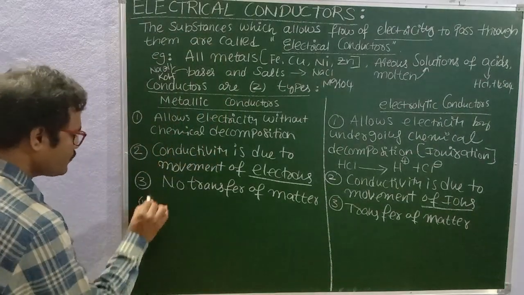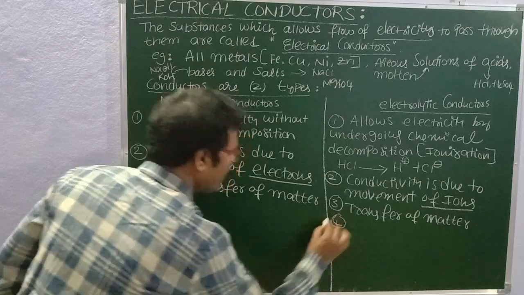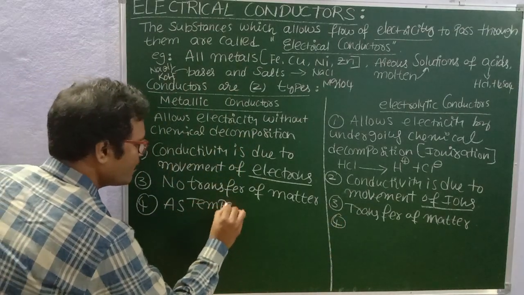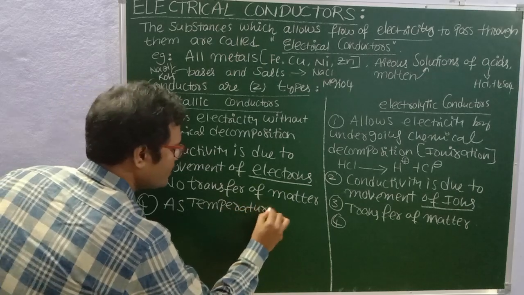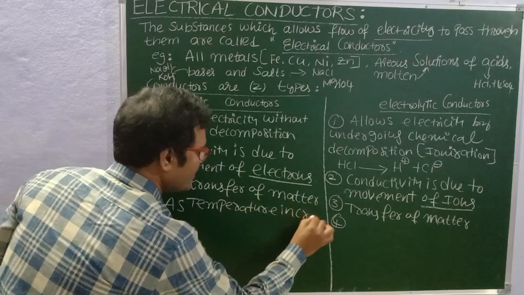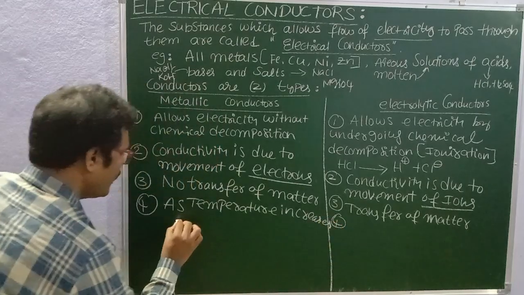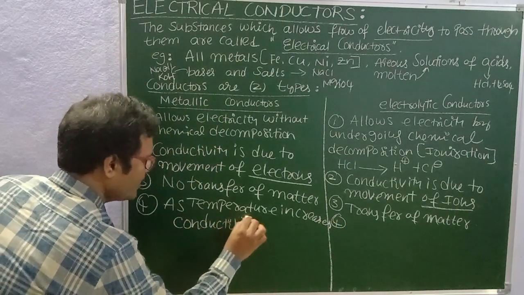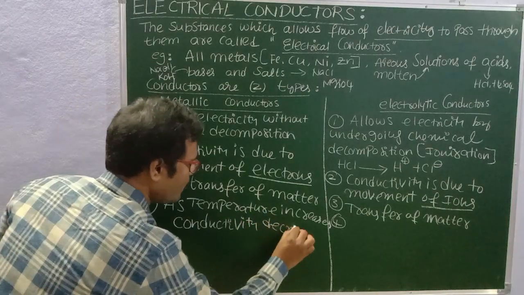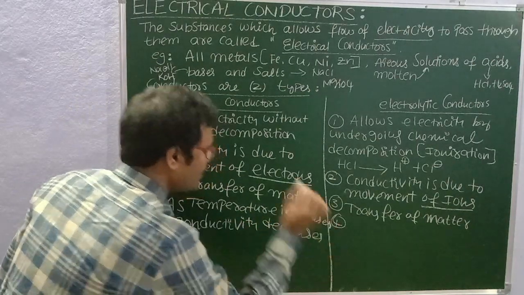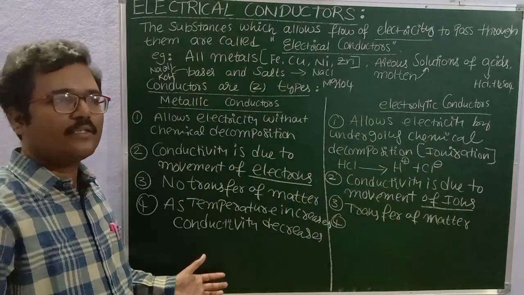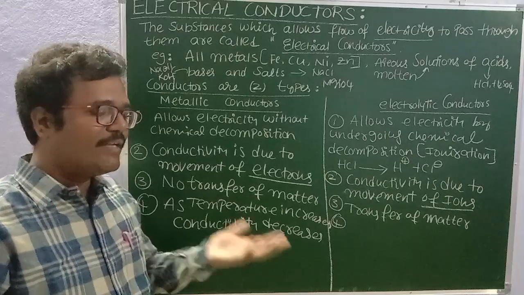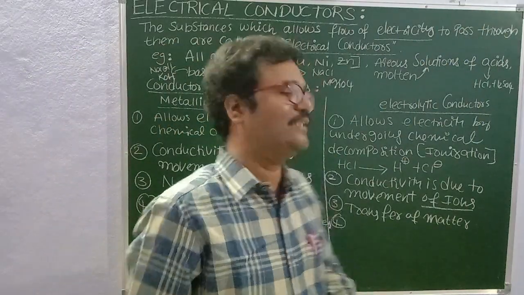Then in the metallic conductors, as temperature increases, conductivity decreases. At high temperatures, metallic conductors will have lower electrical conductivity, that means they will have higher electrical resistance.